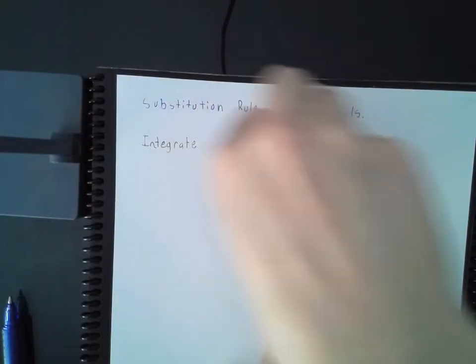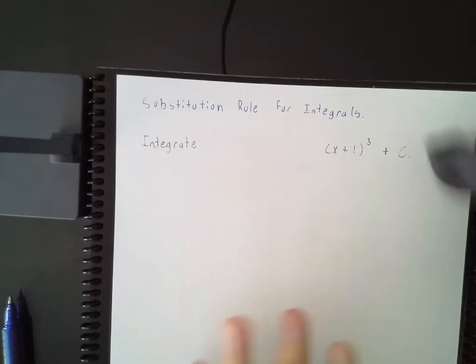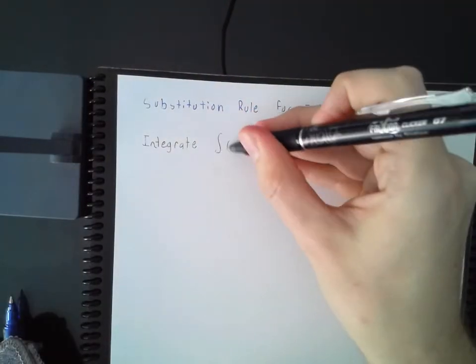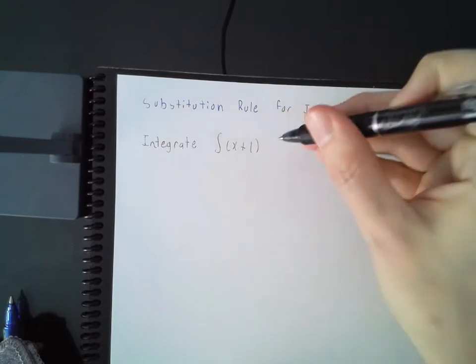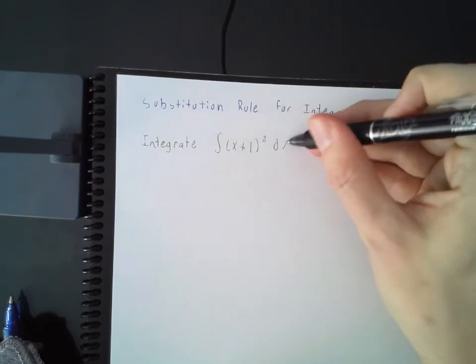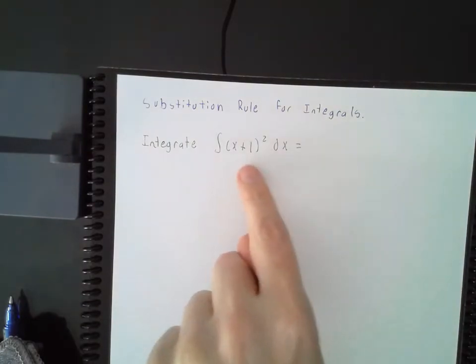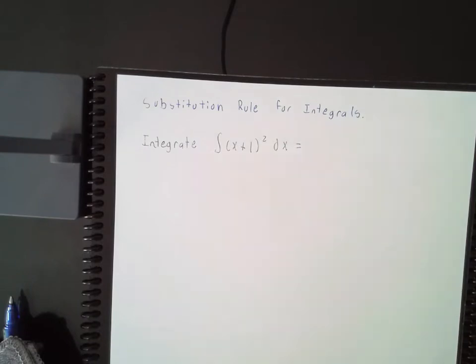So, I want to integrate this function, and, oh, well, I erased the 3, but that's fine. I'm going to work it without the 3. So right now, you can expand this function, and then you can integrate each of the terms.